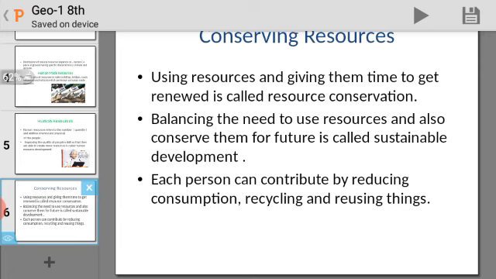Recycle in the sense they will melt those covers and convert that plastic into other things like saline bottles too.